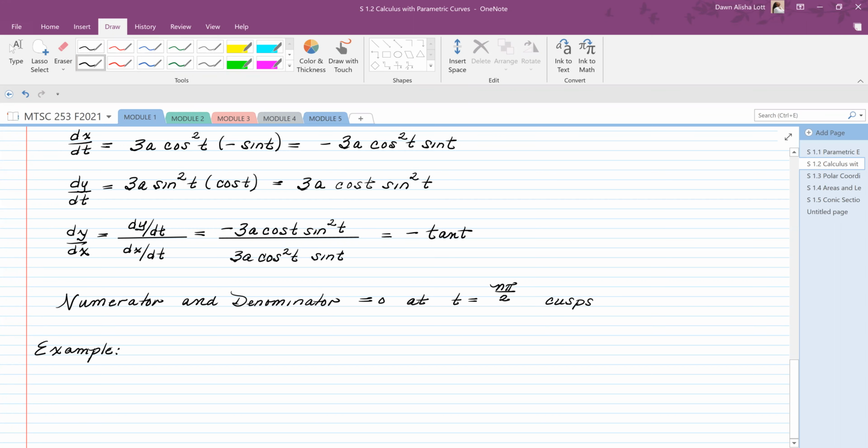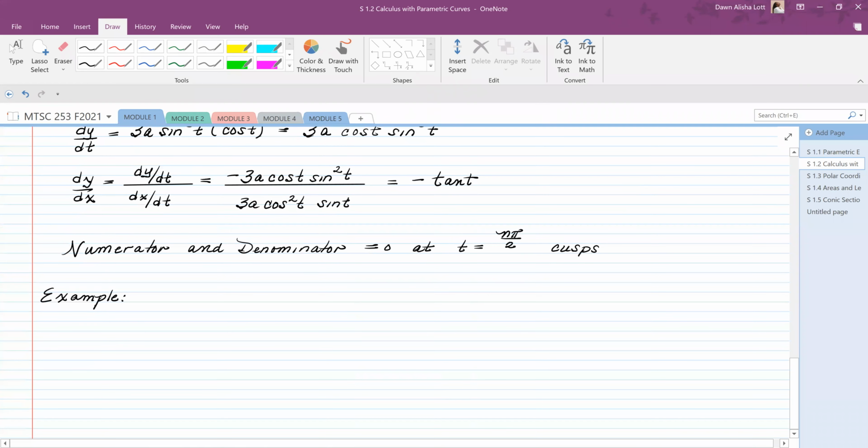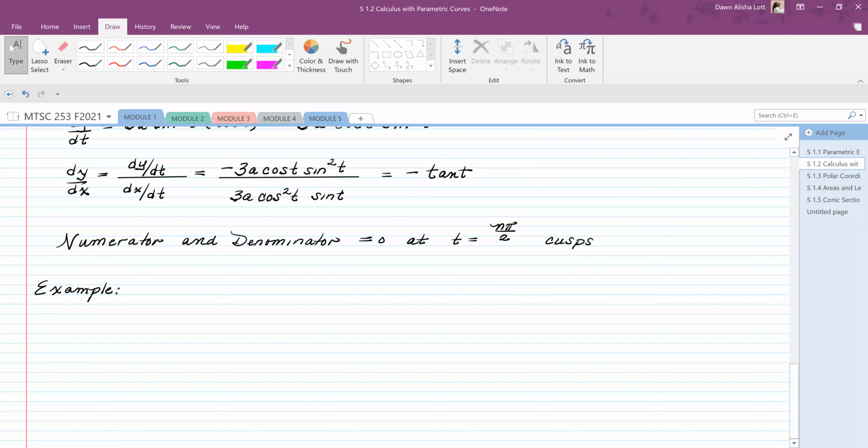Once we derive it, we can use it. So we said x is equal to a times (t minus the sine of t), and y is equal to a times (1 minus cosine t).